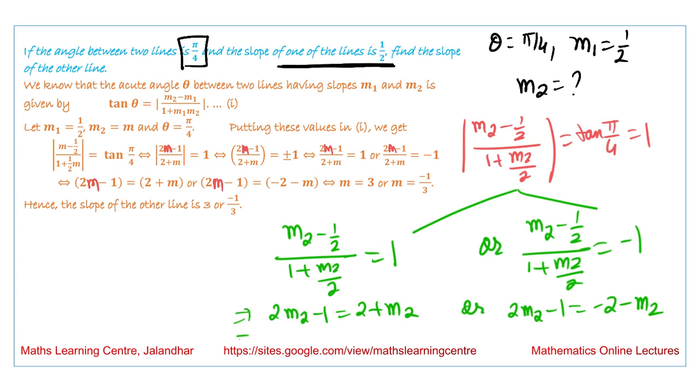This implies that the value of m2 is equal to 3, or m2 is equal to minus 1 by 3. So the slope of the other line may be 3 or it may be minus 1 by 3.